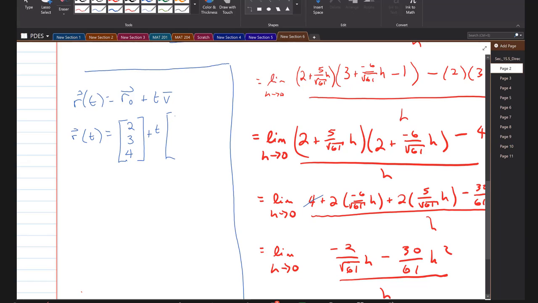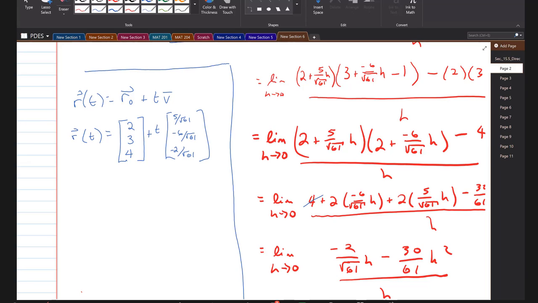If we were to step in the x direction 5 over the square root of 61, and we were to step -6 over the square root of 61, that would result in a step in the z direction of -2 over the square root of 61. And there we have our tangent line through this surface. It's a tangent line that moves in the direction of that vector.